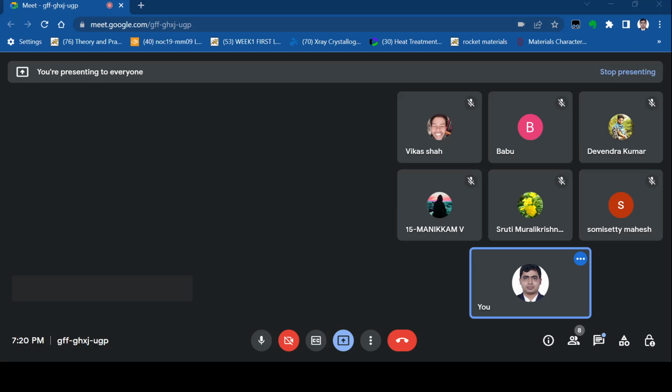So remember these three equations, these are very important. Every year, 1 or 2 questions from these relations are compulsory: R star, delta G star, and delta GV.